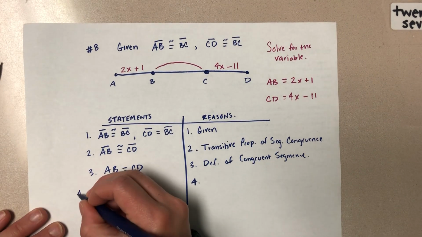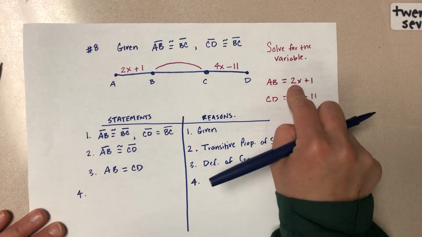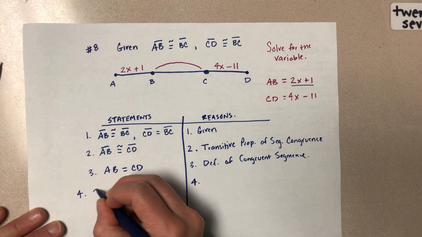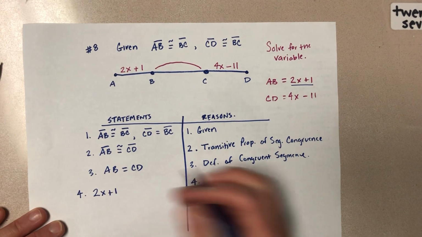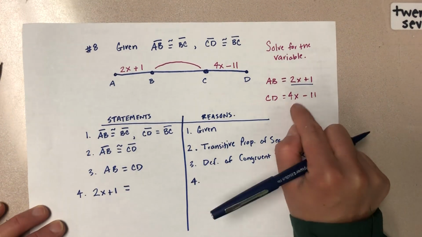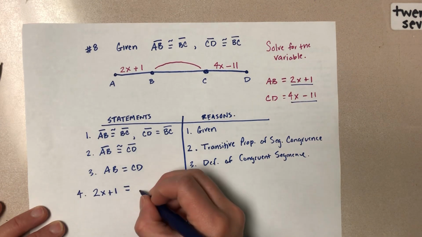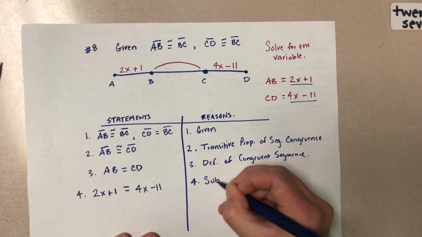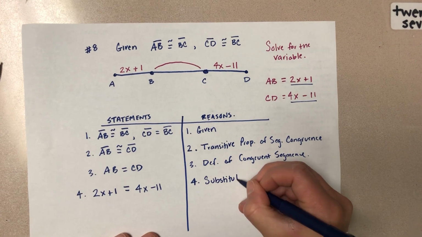So on number 4, AB equals 2x plus 1. So instead of writing AB, we're substituting 2x plus 1 equals CD, which instead of writing CD, we're going to substitute 4x minus 11. And we are using the substitution property of equality.